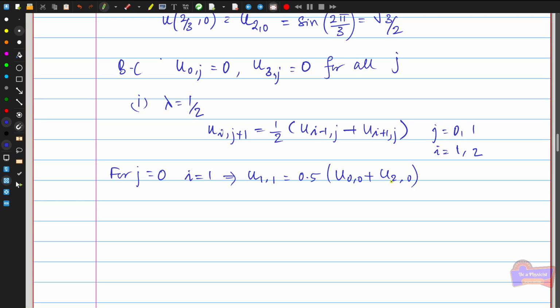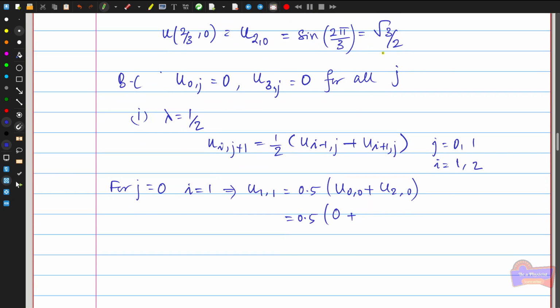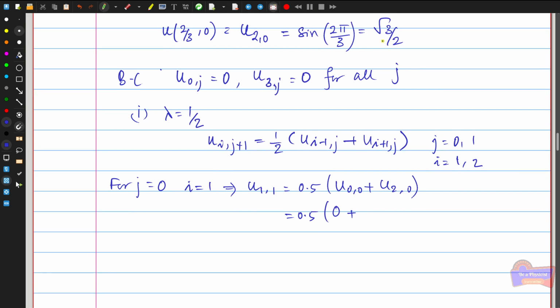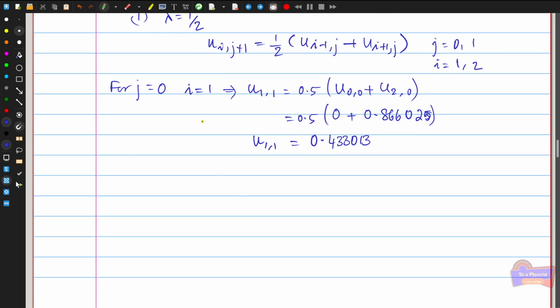The values of u of 0 comma 0 and u of 2 comma 0 are already given, so 0.5 times 0 plus u of 2 comma 0, which is root 3 by 2. The value of root 3 by 2 is 0.866025, so the final value of u of 1 comma 1 is 0.433013. That is the value of u of 1 comma 1 for I equal to 1.